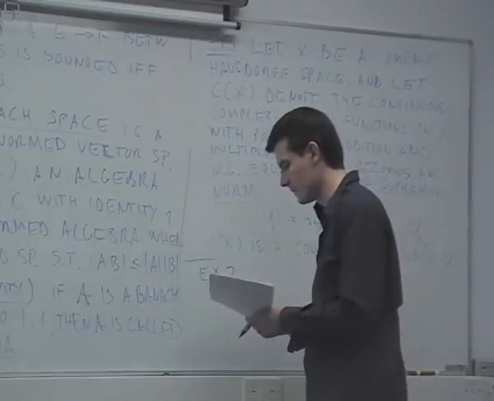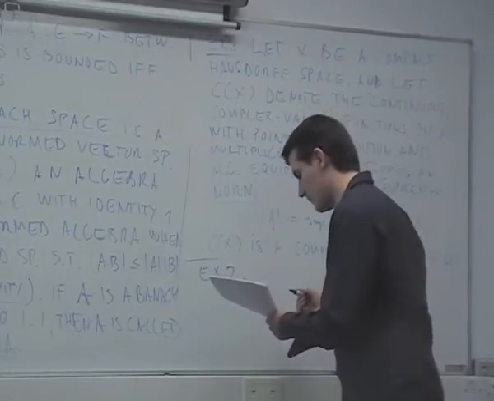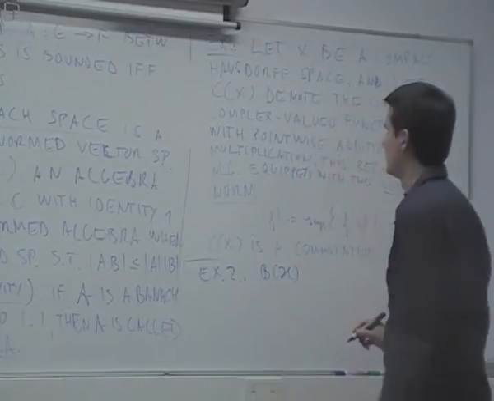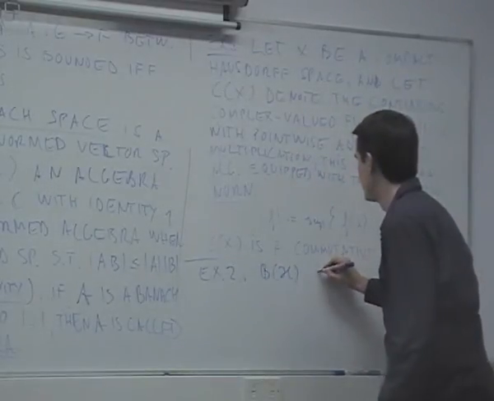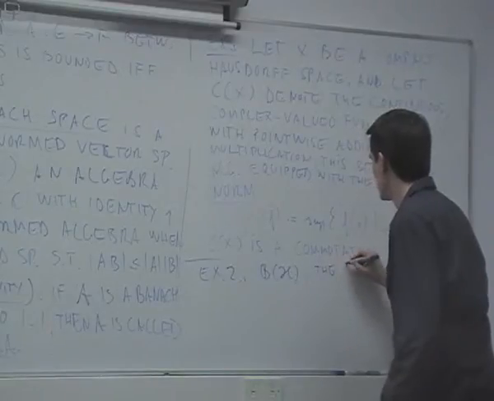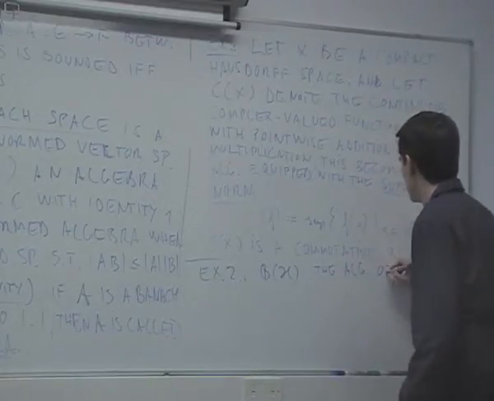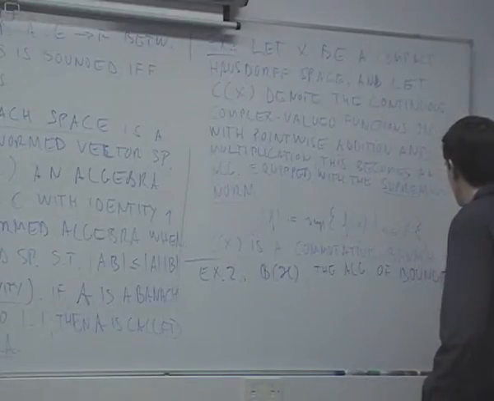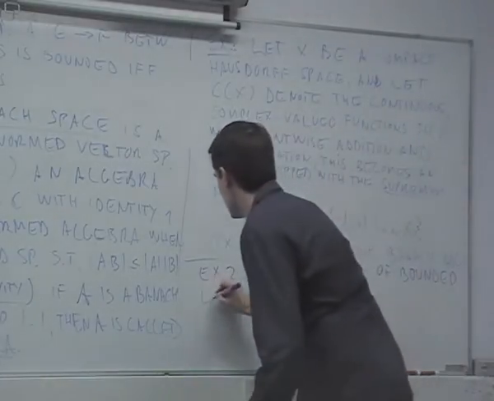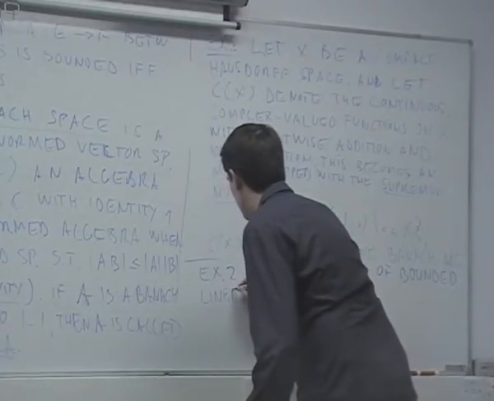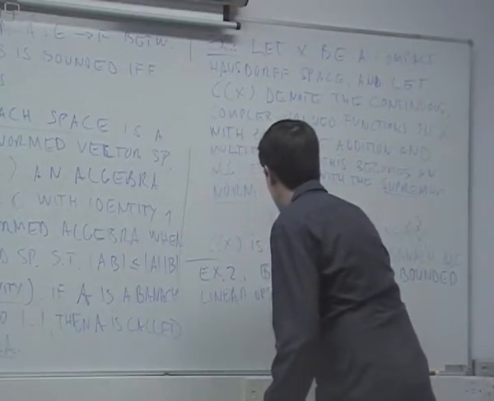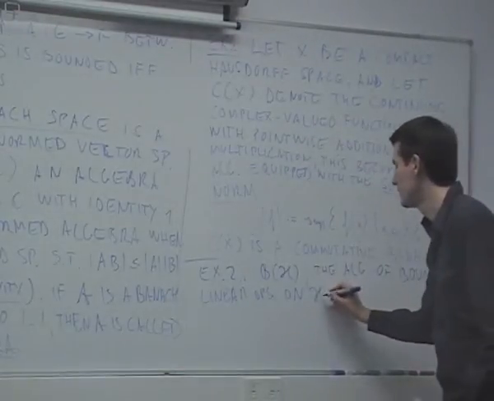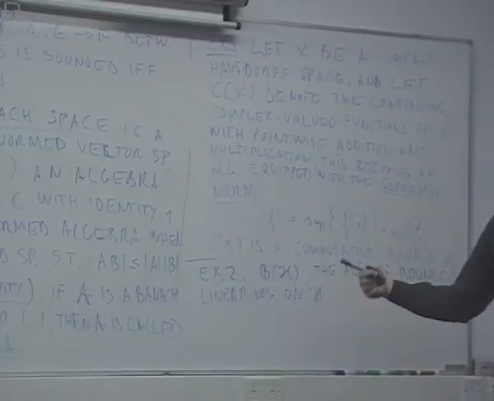I'll skip a minor thing here, which is not really important, but B of H, meaning the algebra of bounded linear operators on H. I say an operator on a Hilbert space means it maps a Hilbert space to itself.